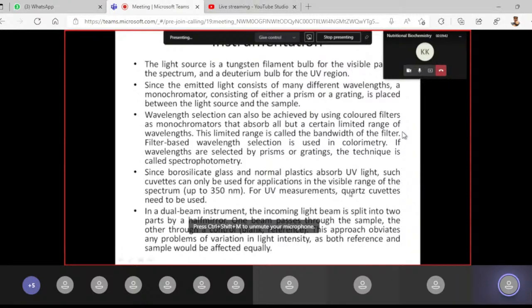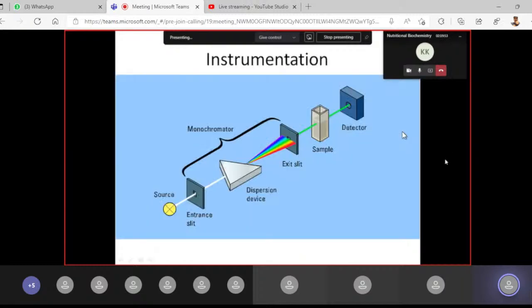But for the visible range, you can use glass cuvettes, which are made of normal glass. Understood? So what is the cuvette used in the visible range? And what is the cuvette used in the UV range? In UV range, it is quartz. In visible range, it is glass.